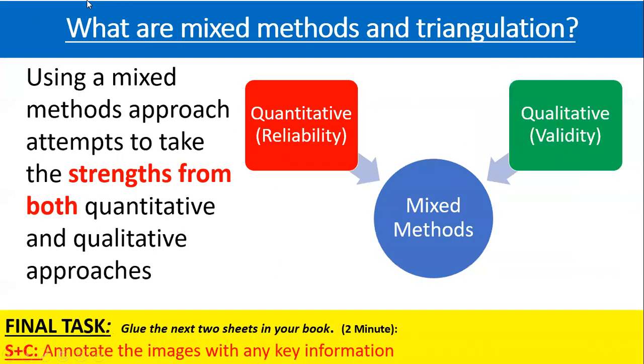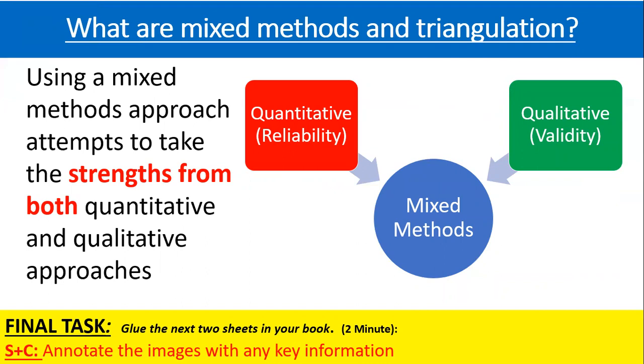Right, so what they do is it's referred to as a mixed methods approach. Okay, so this mixed method approach attempts to take the strengths of a quantitative approach, so reliability, with the strengths of a qualitative approach, validity. So they'll have perhaps two forms of methodology brought together.